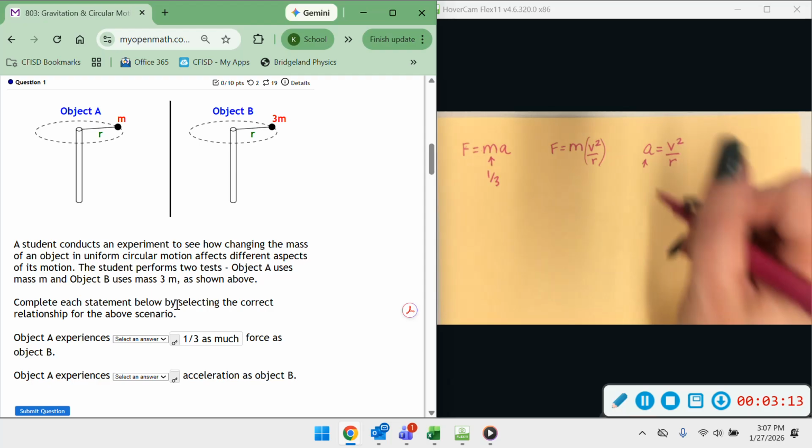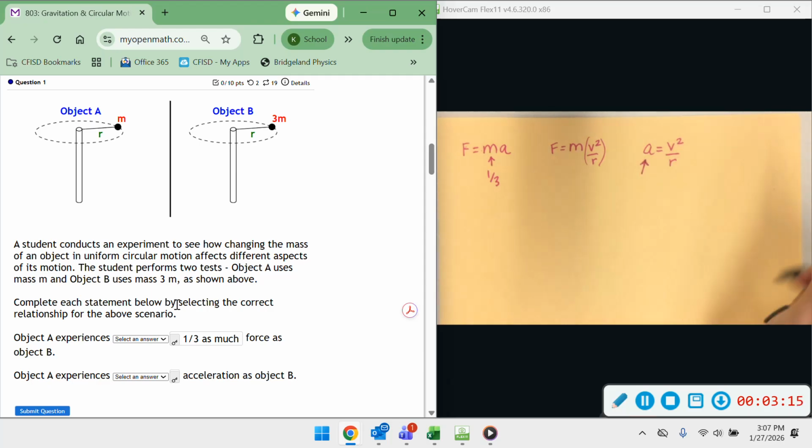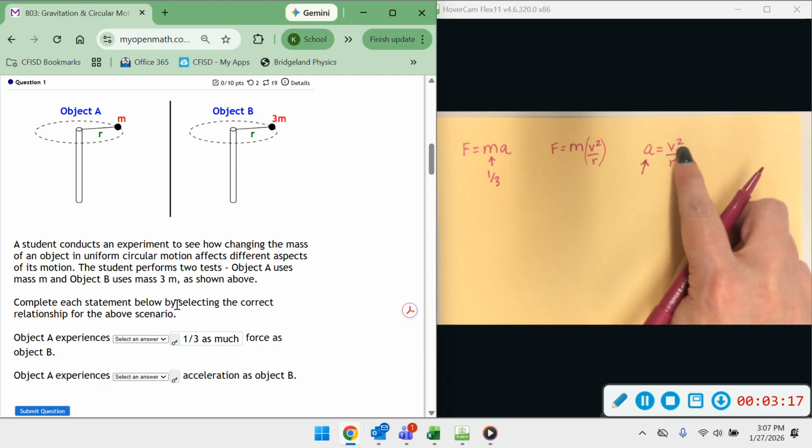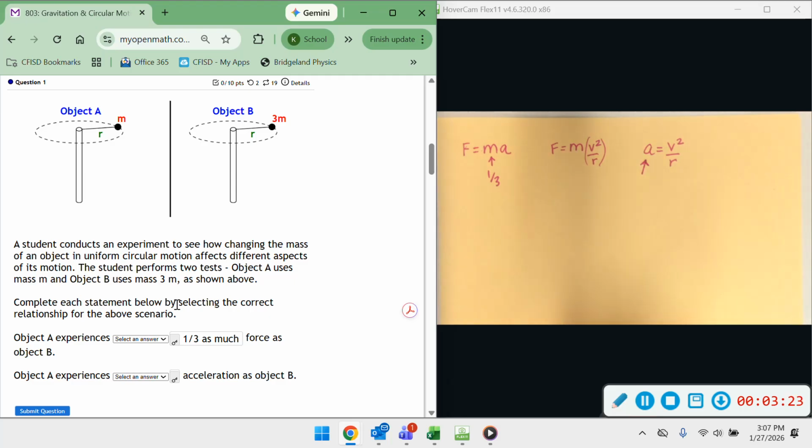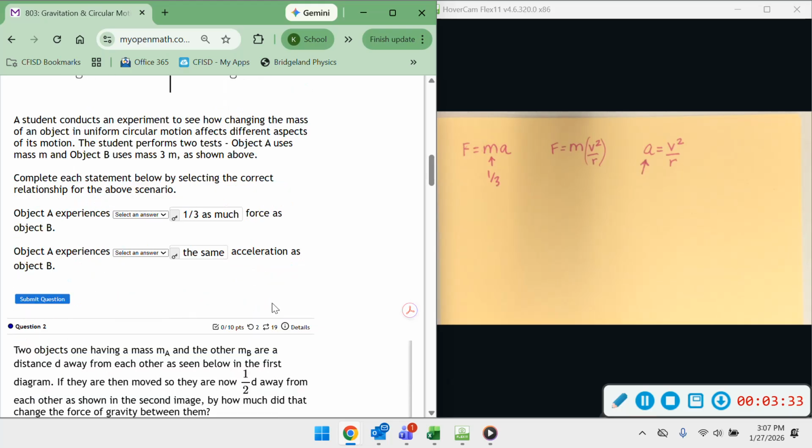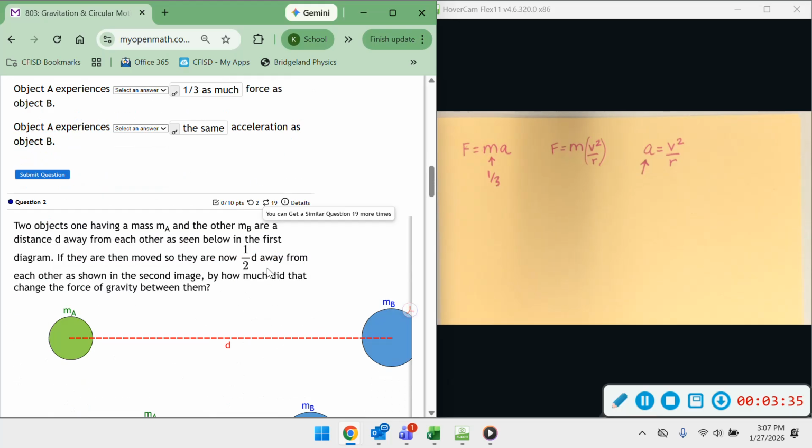The factors that affect the amount of acceleration that an object experiences are the velocity that it's being swung at and the radius that it has. And so changing the mass should have no effect whatsoever on the acceleration, meaning that they should have the same acceleration as one another. It's not even in the formula. All right, so that's the answers to number 1.